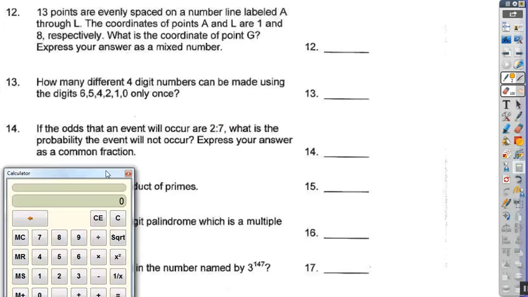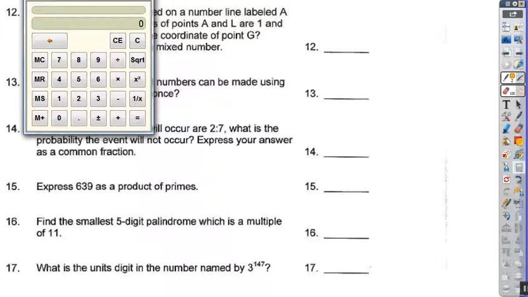All right, so problem number 15. Express, oh, I love this, product of primes. This is just prime factorization, folks. That's all it is. So we have 6, 3, 9, and all of these digits are multiples of 3, therefore we know this is divisible by 3. So that's the first place I'm going. So we get 2, 1, 3, and 2 plus 1 plus 3 is 6, which is divisible by 3.